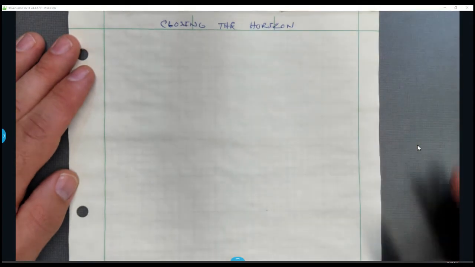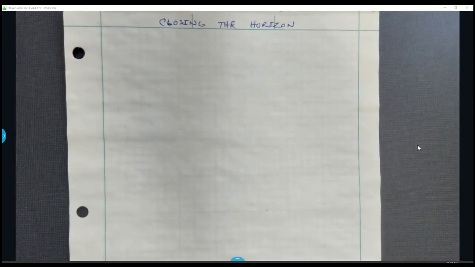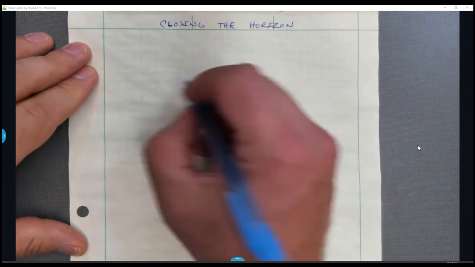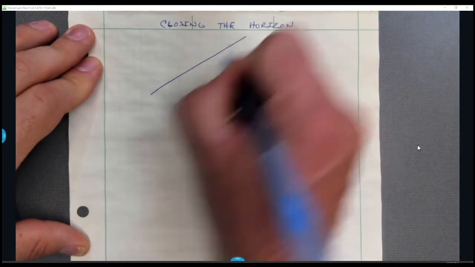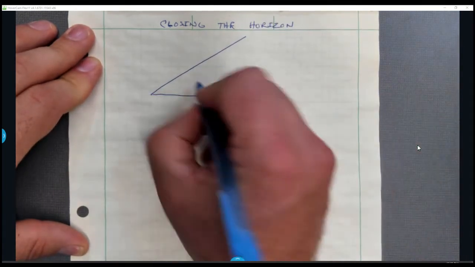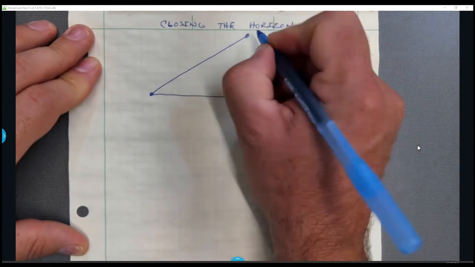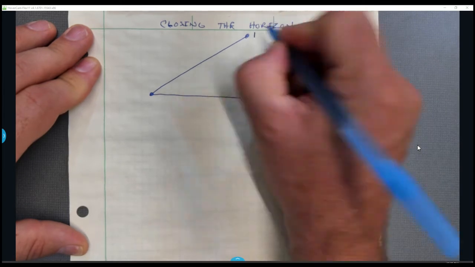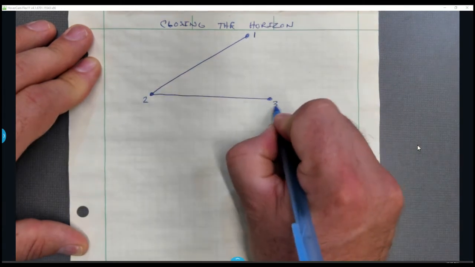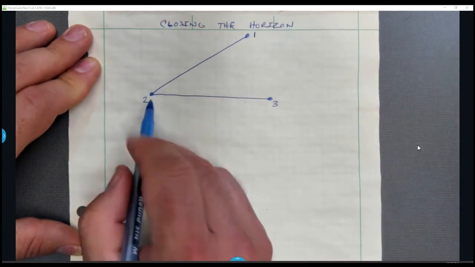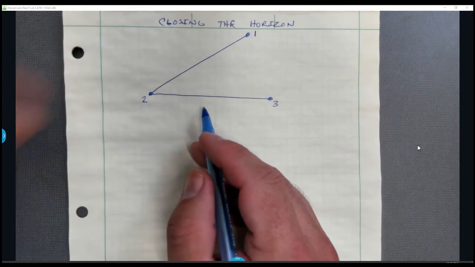There, that's good. All right, so I'm going to just draw the scenario here for you. So say we have an angle that we're recording, okay? And these points, 1, 2, 3, are the points that we're measuring the angle between, okay?